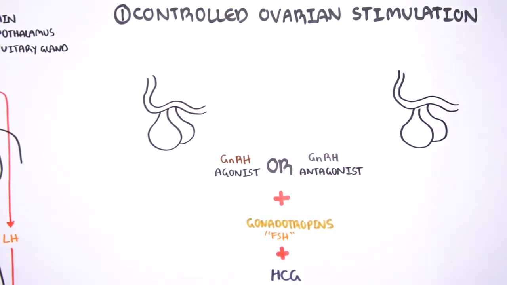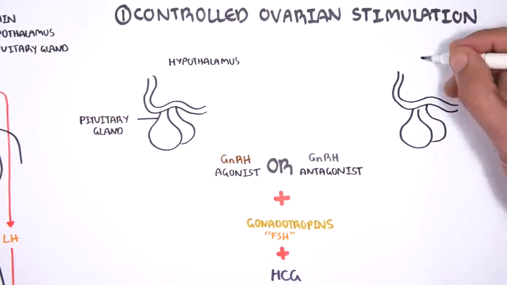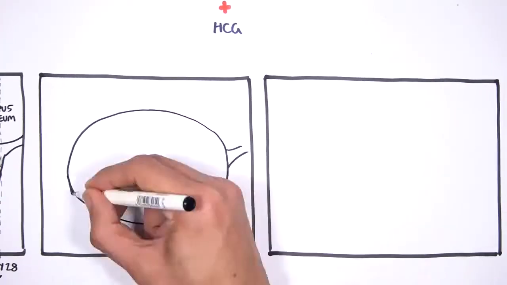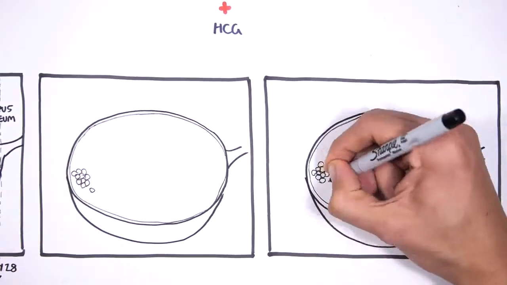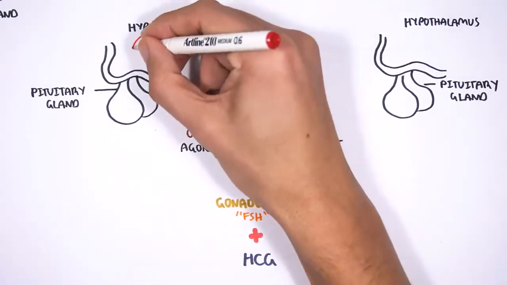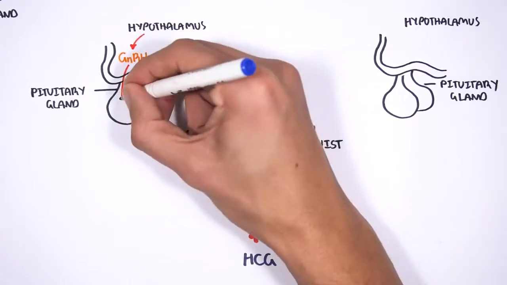So here is the hypothalamus and the pituitary gland again, and here is the ovary again, containing many follicles ready to develop. Normally, as we have learned, the hypothalamus produces gonadotropin releasing hormone at day 1 of the menstrual cycle.